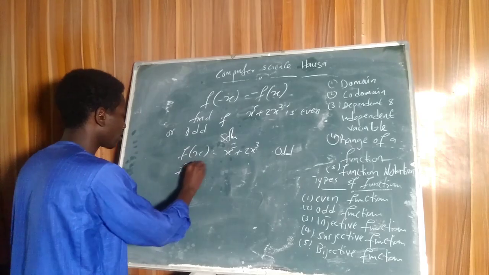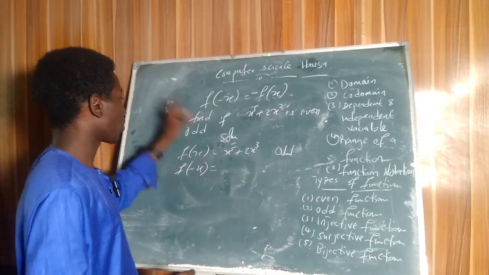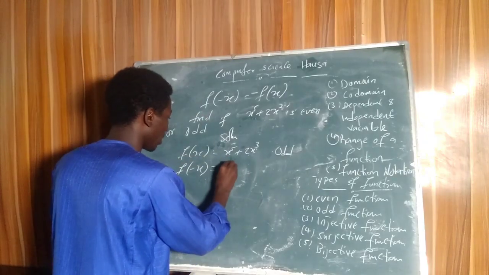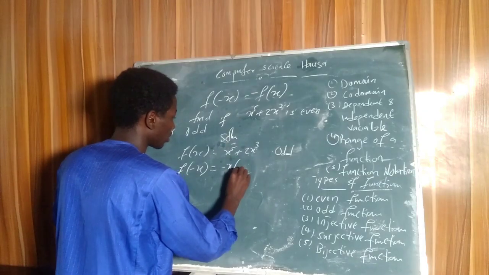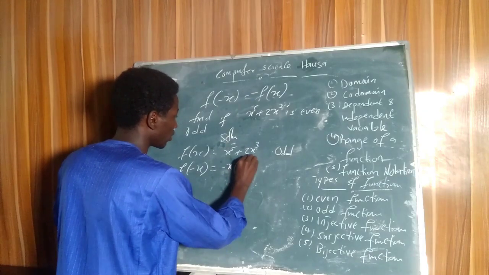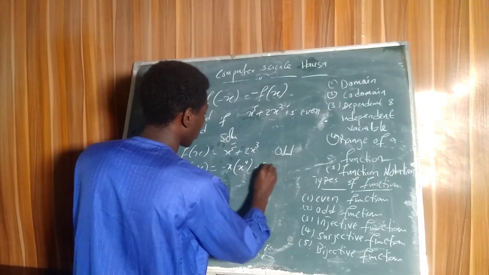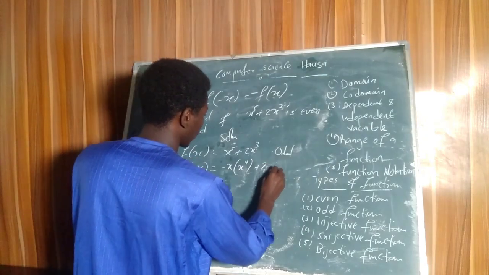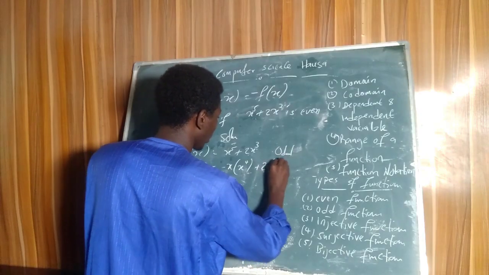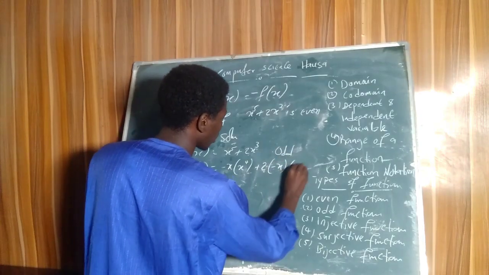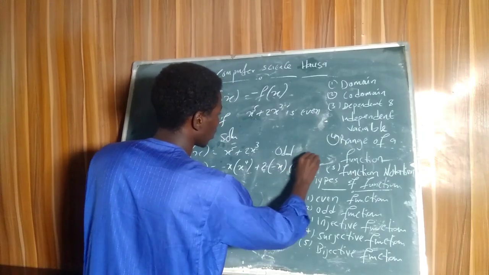F of minus x is equal to, we know that we have 5, let's say minus x times x to the fourth, since we know this is what, plus 2 into minus x times x squared, right?